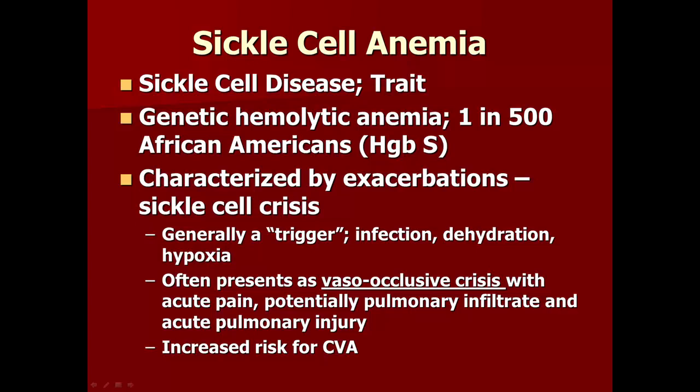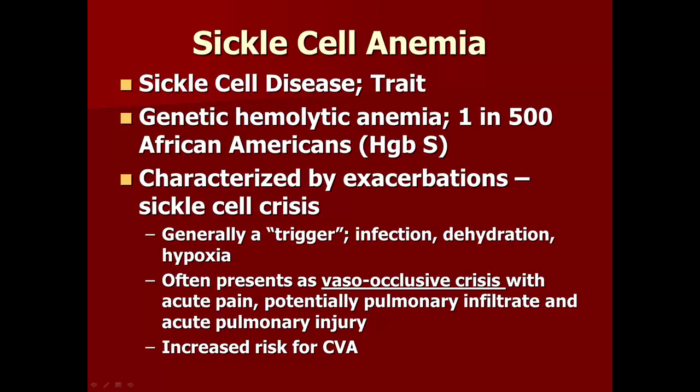That's why the most common presentation of a sickle cell crisis is acute pain, frequently in the joints. You will also see potential pulmonary infiltrates, and this can cause an acute pulmonary injury.